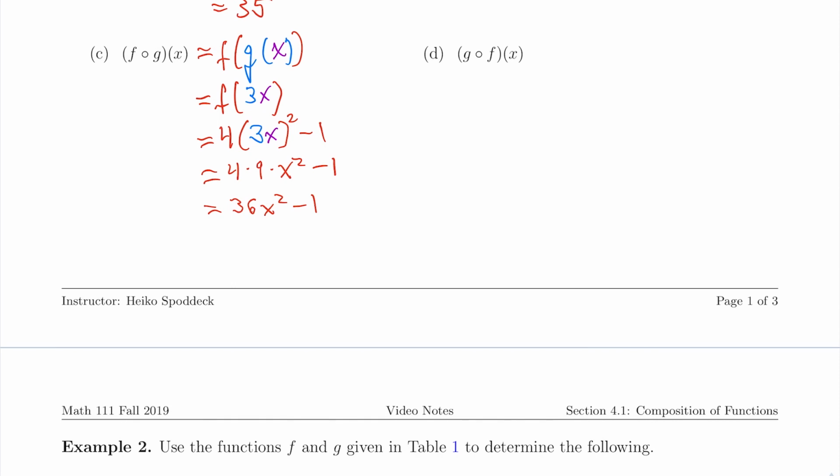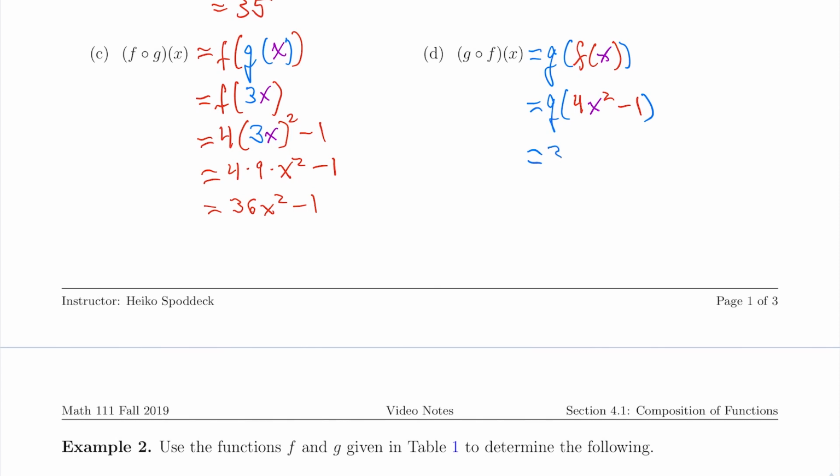So let's do the same thing one more time the other way around for our function g composed with f, which we can rewrite as g of f of x. Now we are first plugging in f of x, which is 4x squared minus 1. And then we plug that whole expression on the inside of the parentheses into our g of x.